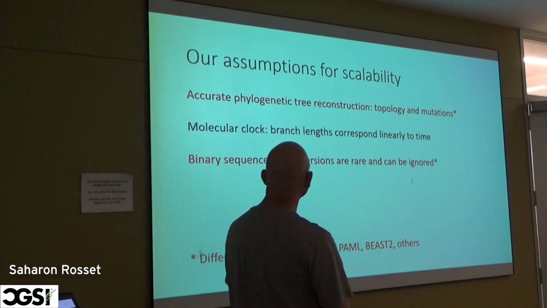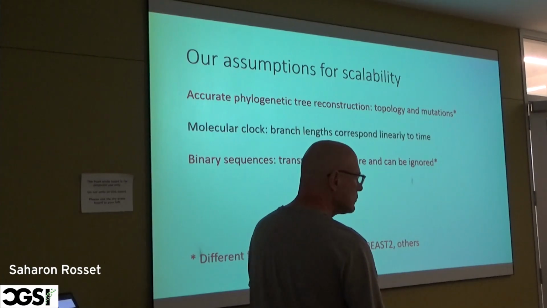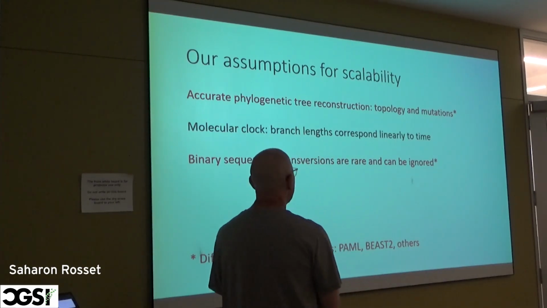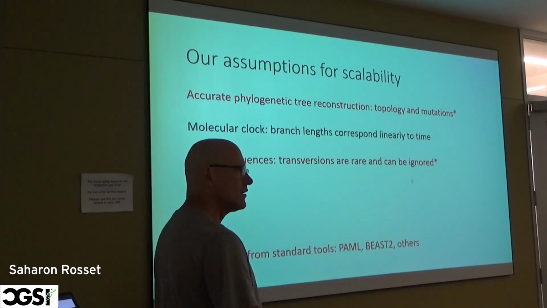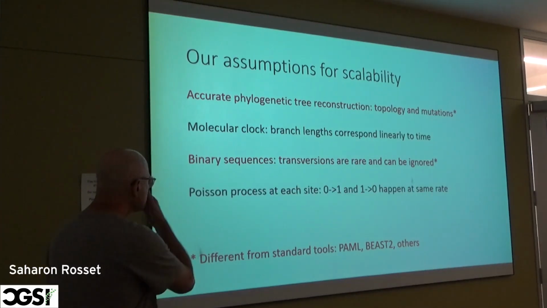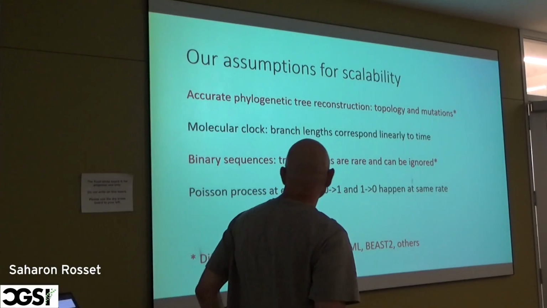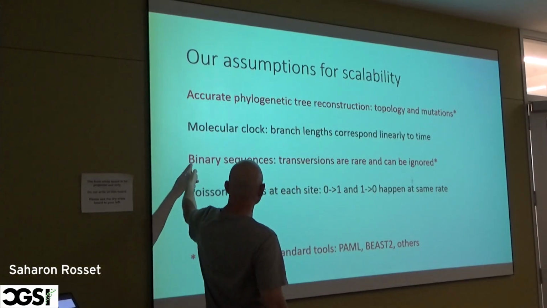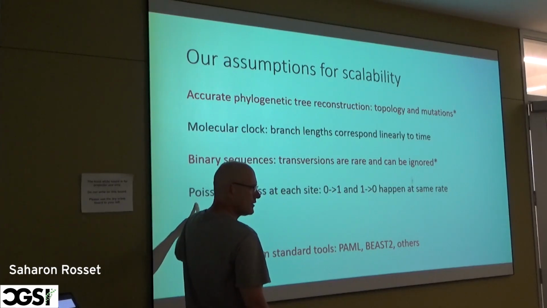As I said, we're going to assume binary sequences. In other words, we are going to ignore transversions, because there are only 4% of mutations, so we believe that we can do that and maintain most of the information. And we are going to assume a Poisson process at each site. So even once we assume binary sequences, it still doesn't mean that there's necessarily a Poisson process in each site.